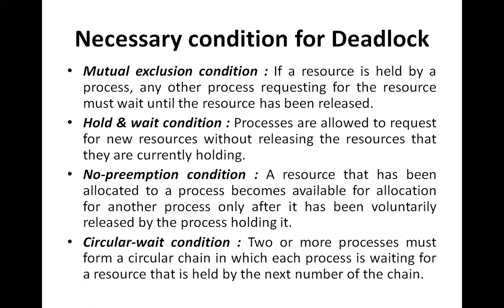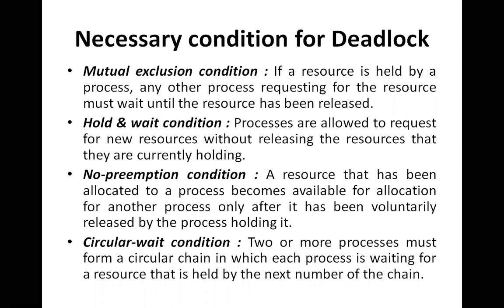Suppose there is a process to which a few resources have already been allocated, and that process requires some more new resources, and the resource it is requesting, besides the allocated resources, is being used by some other process. So processes are allowed to request new resources without releasing the resources they currently hold. That gives the condition for deadlock.